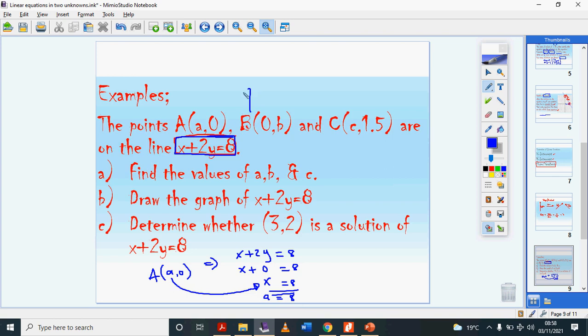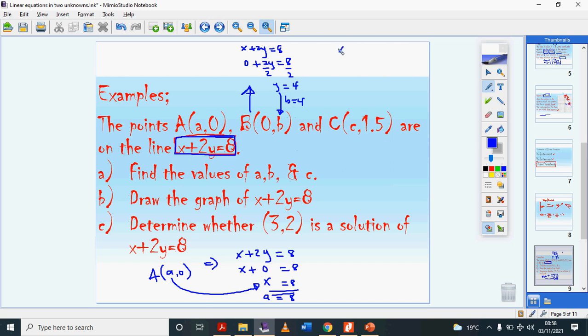Let's look at the b value. The equation is x plus 2y is equal to 8. They're telling me that the x value is 0, and this is 2y is equal to 8. If I want to find y, I'll divide by 2 and end up with y is equal to 4. Since this b is in the position of y, b is also equal to 4.